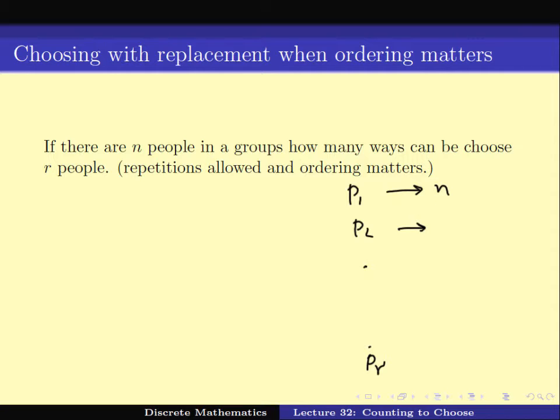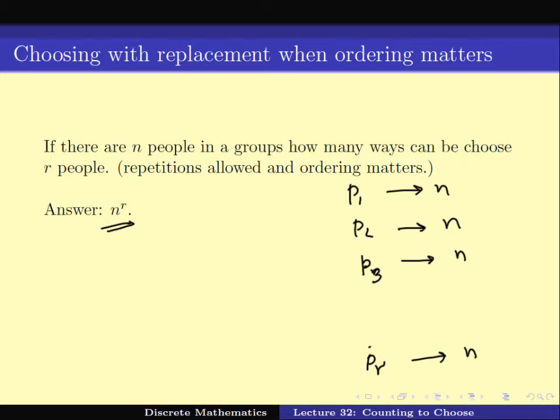For position 2, since repetitions are allowed and I can reuse these people, we can choose it in n ways also. And similarly all the r positions, each of them can be filled in n ways. So the number of ways I can fill up all of them is n times n all the way, which is n to the power r. That is the answer.